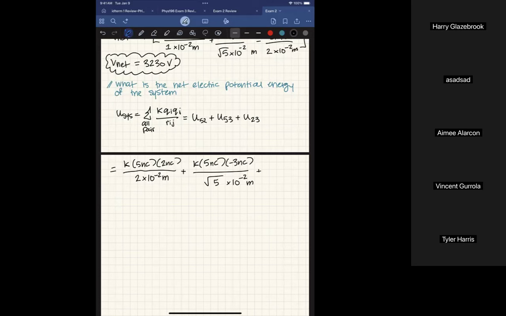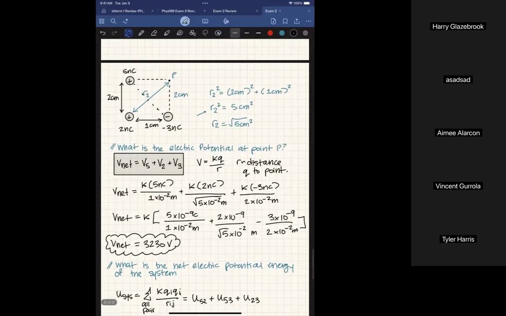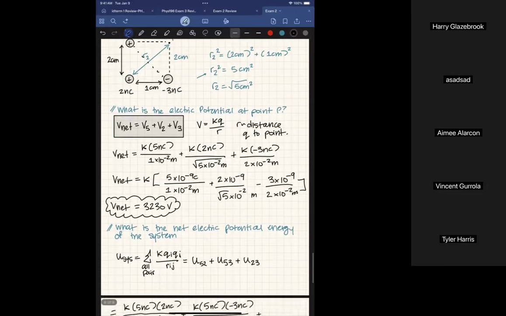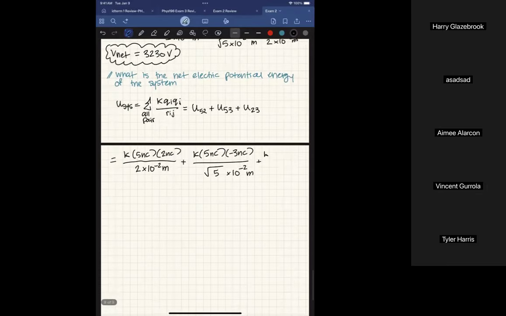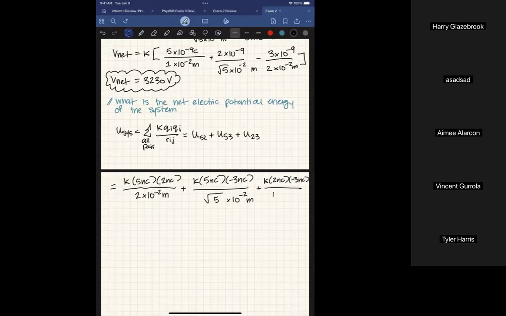Last but not least is the electric potential energy between our 2 nanocoulomb and 3 nanocoulomb particle. So that's going to be K, 2 nanocoulombs, negative 3 nanocoulombs, divided by the distance between them, which is 1 centimeter.